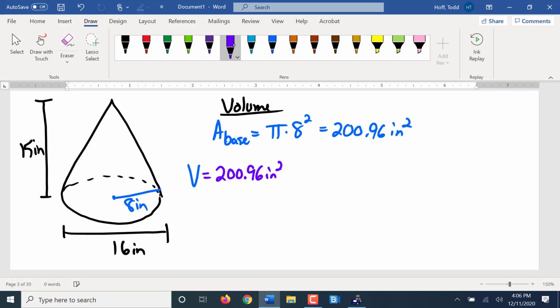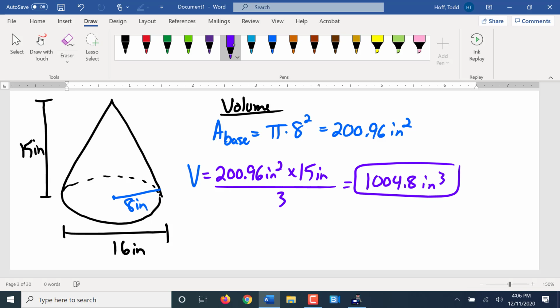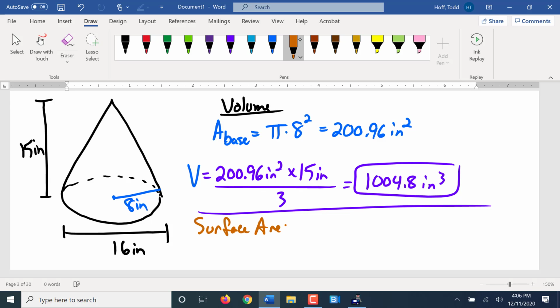There you go. It's times the height of 15. And because it's a cone, we divide by 3. Perfect. 1,004.8 cubic inches is our volume. For surface area, we need the area of our base yet, which is the 200.96.